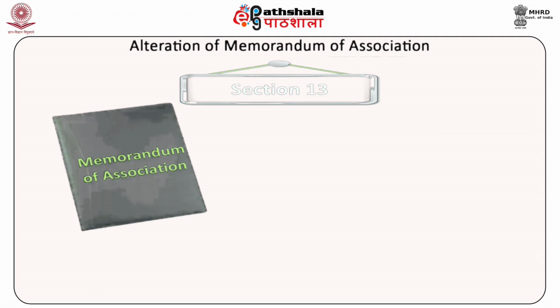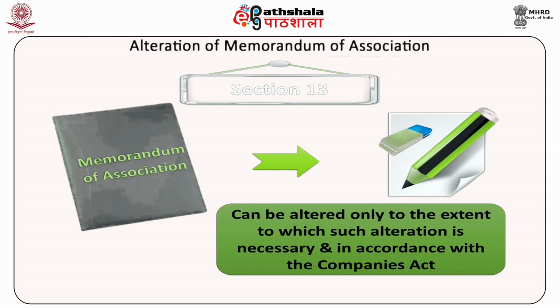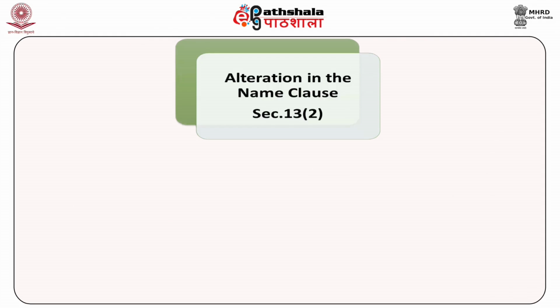The Memorandum of Association can be altered only to the extent to which such alteration is necessary and in accordance with the provisions of the Companies Act, as provided under Section 13. Alteration in the name clause is covered under Section 13, subsection 2 of the Companies Act.